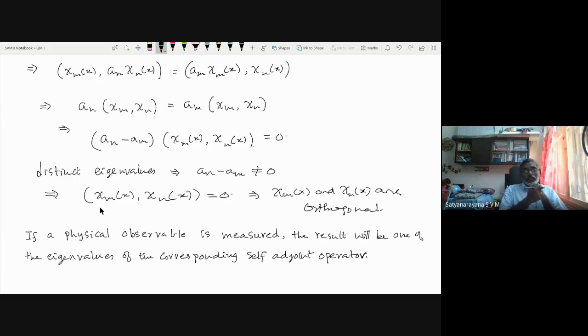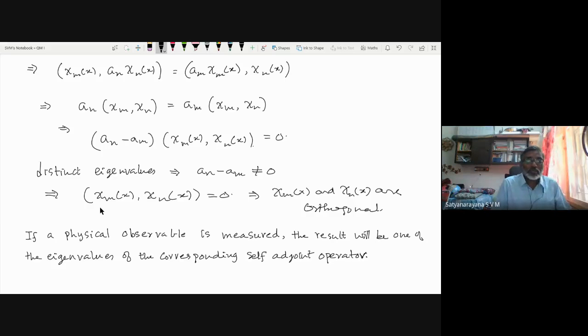And your measurement results have to be real. And since this is going to be the physical correspondence, suppose I measure some energy of the system, and then I should get so many electron volts or so many hartrees, whichever unit that you are measuring. Okay, but I should not get it as some 2 plus 3i or something like that.